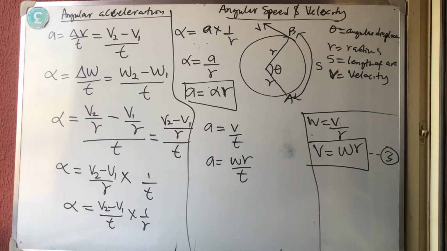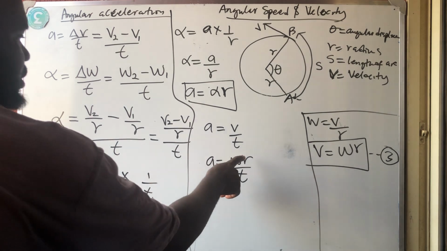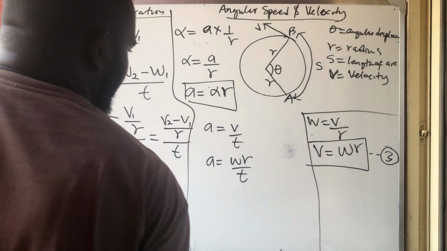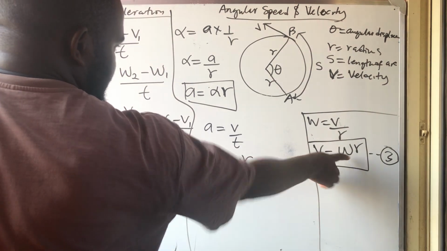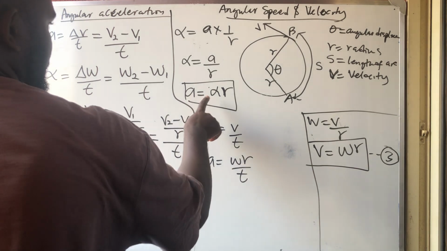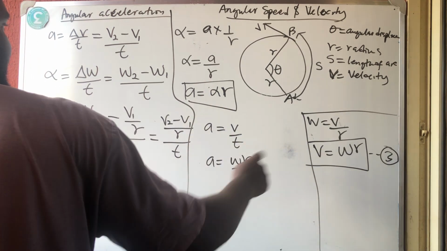So let me now get the relationship. Let me get what my R will be. WR over T. That is my velocity.